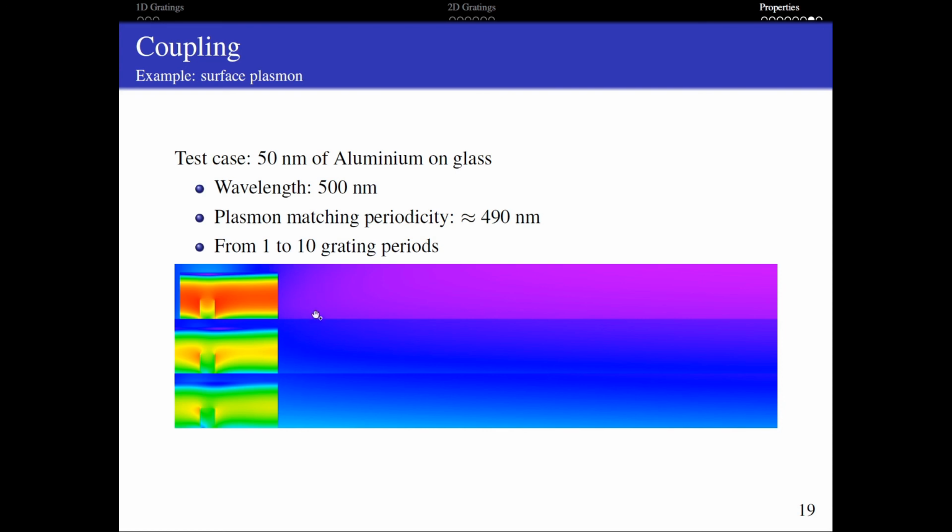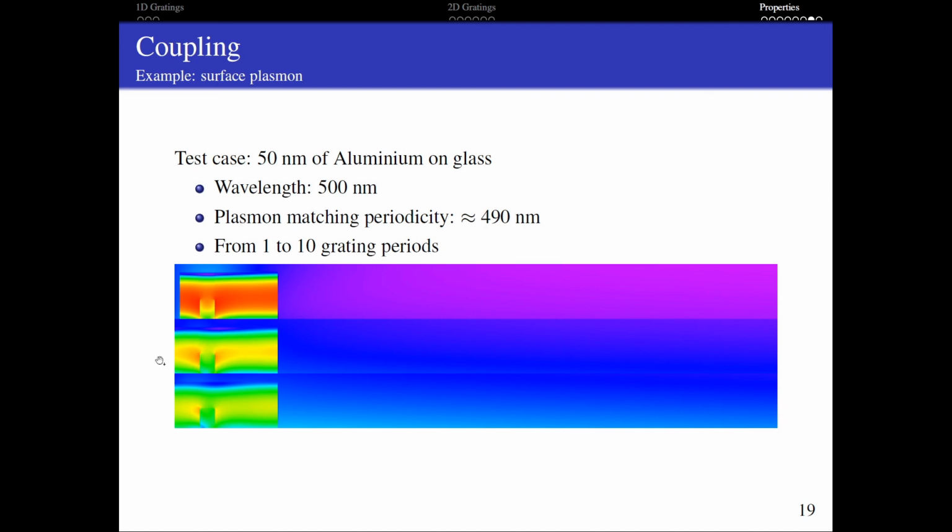So in those three figures, this is the field computed based on a finite grating. That is, in this case, I have only one cell, so only one particle around. So this particle couples a little bit of field along the surface. In this case, we have, I think, 3 of them.